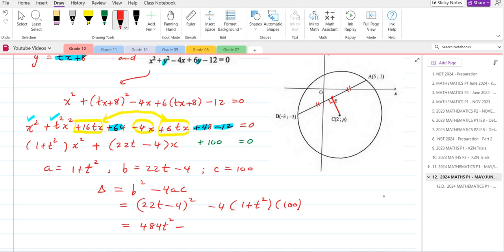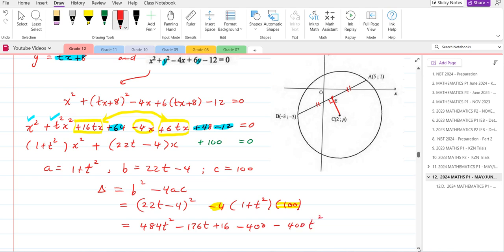So negative 176t plus 16, right? And then we got minus 400, because remember I'm collecting this. Minus 4 times 100 is minus 400 times 1, and then minus 400t squared.